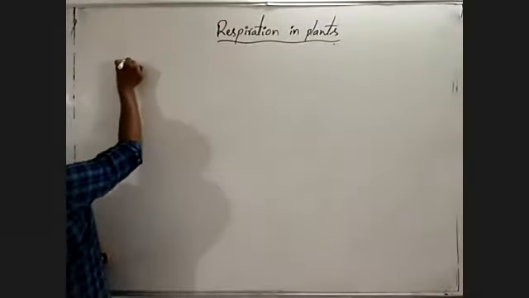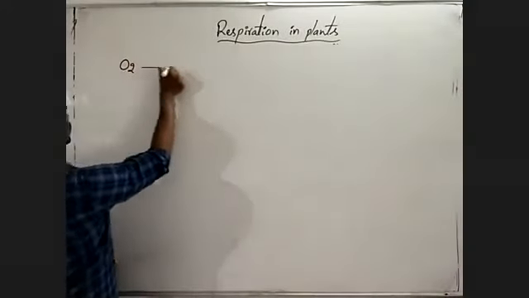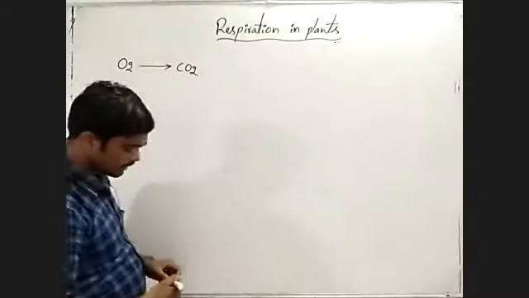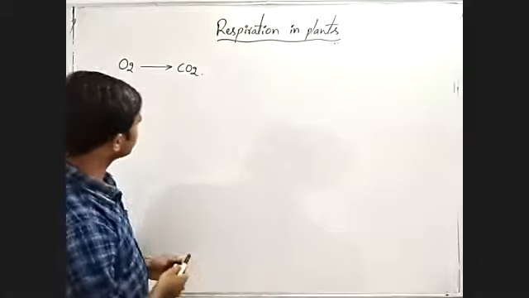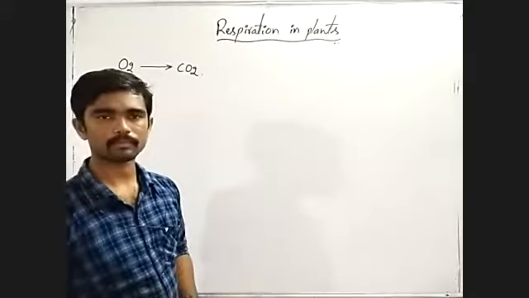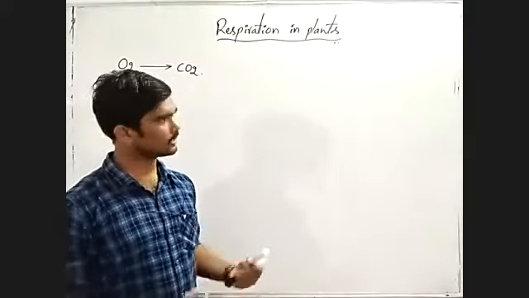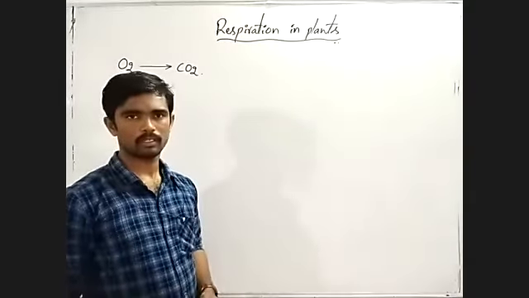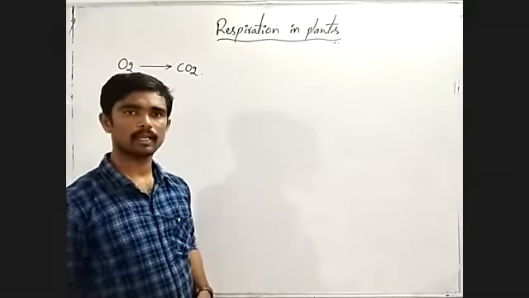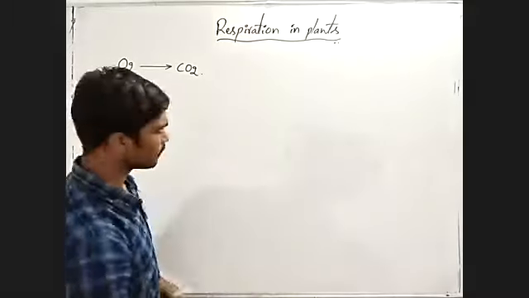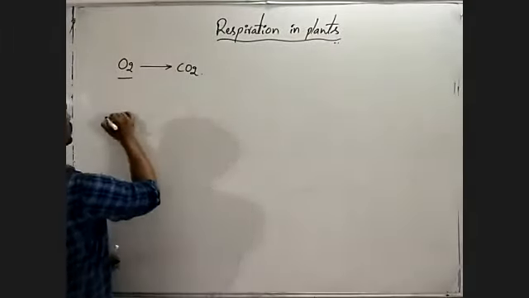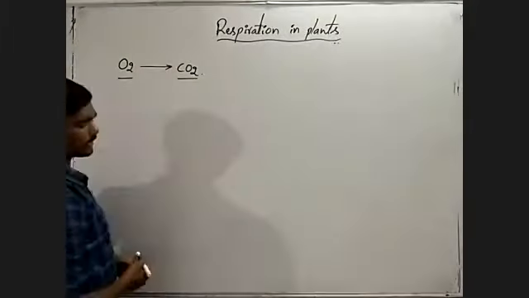They take in oxygen and release carbon dioxide. Understanding? This is reverse. In photosynthesis, they take carbon dioxide and produce oxygen. But in respiration, they take oxygen and release carbon dioxide.